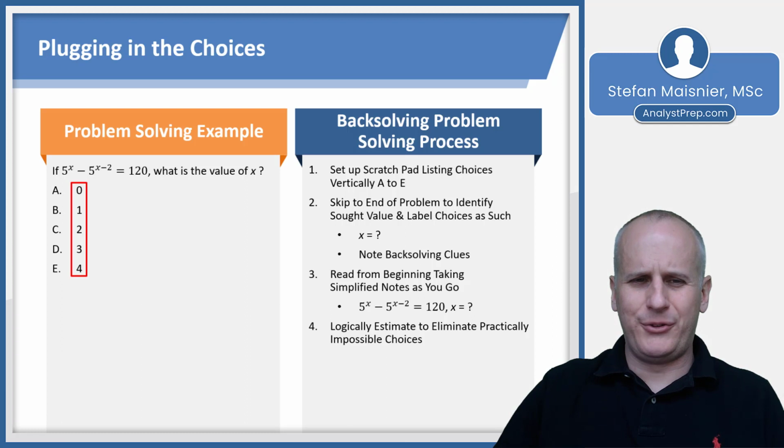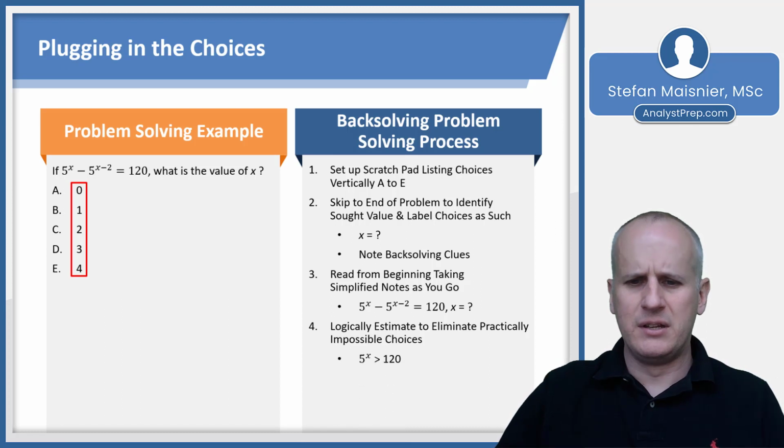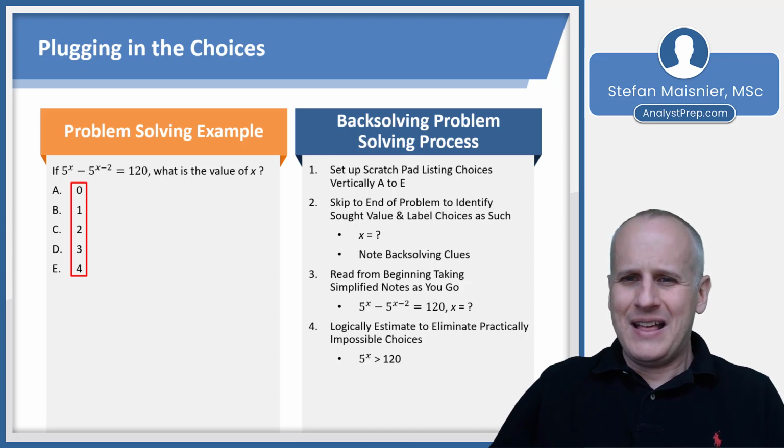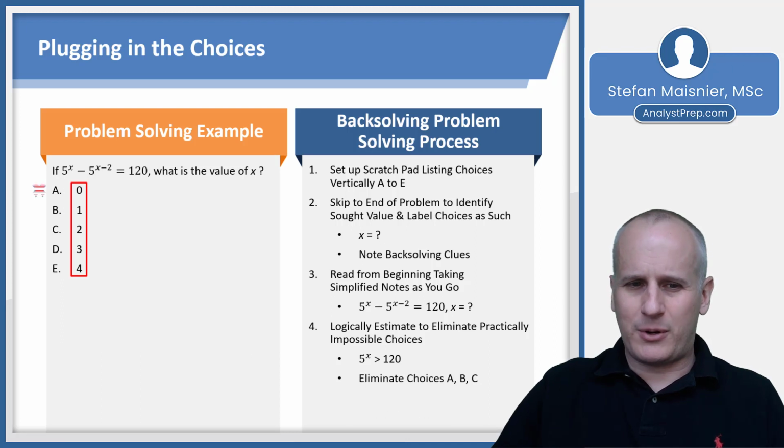So what's ultimately happening here is I have to have a value for 5 to the x that is bigger than 120. So that allows me to eliminate A, which would be 5 to the 0 power, which is 1, B, which would be 5 to the first power, which is 5, and C, which is 5 to the second power, which is 25. Because all of those are going to result in something way less than 120 when you subtract something from it. So we eliminate A, B, and C immediately.